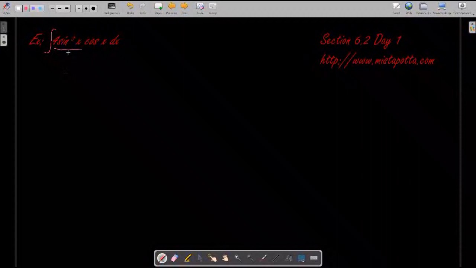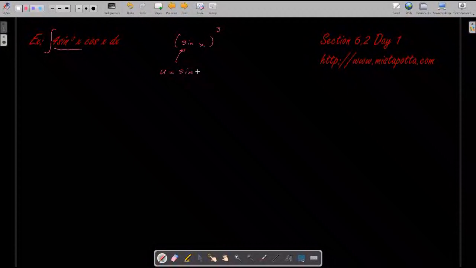And I definitely have a composition of functions. Something's being cubed. The something that's being cubed is sine x. And so I'm going to look here to find out what I want u to be. I'm going to let u be sine of x.